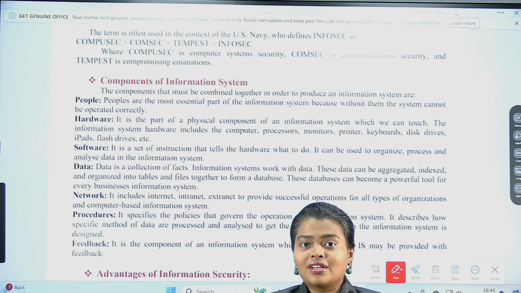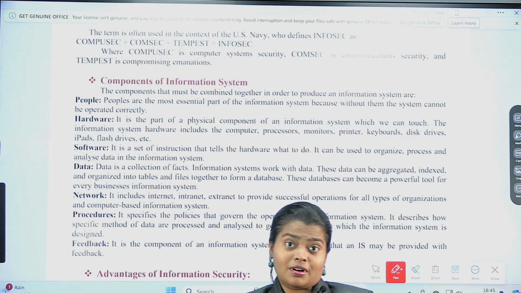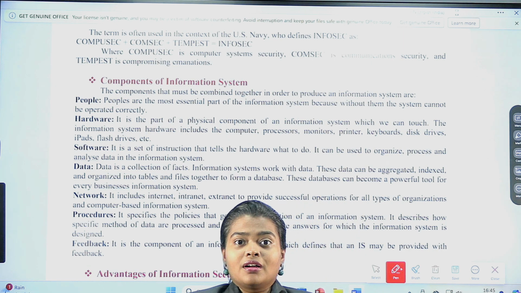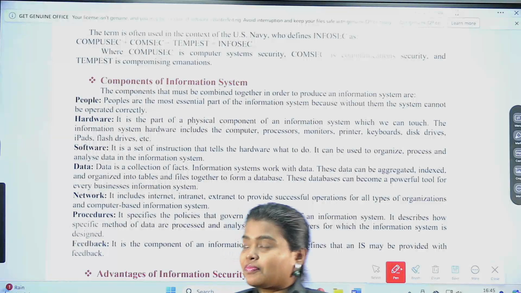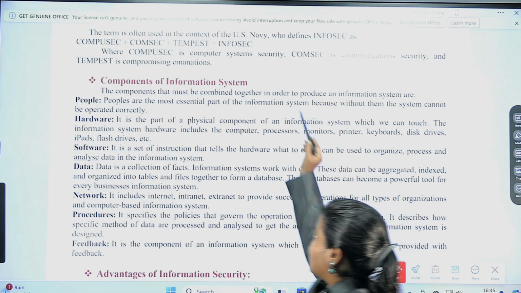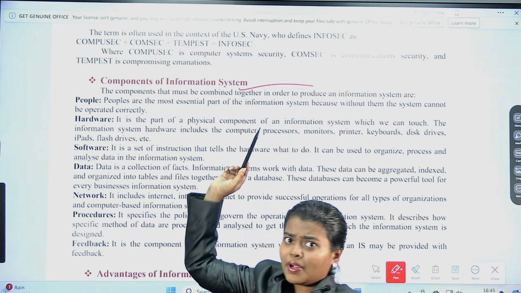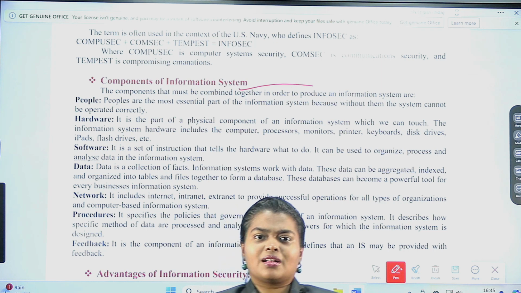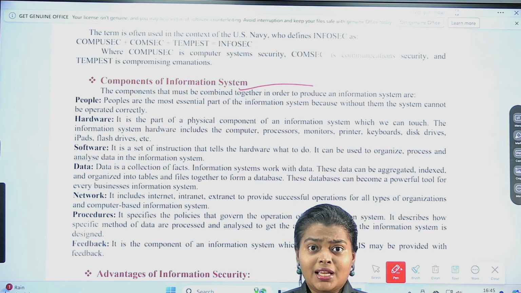Hello students, today in our topic introduction to IT security, we are going to see the components of information system. In the previous part we saw InfoSec, that is nothing but information security.